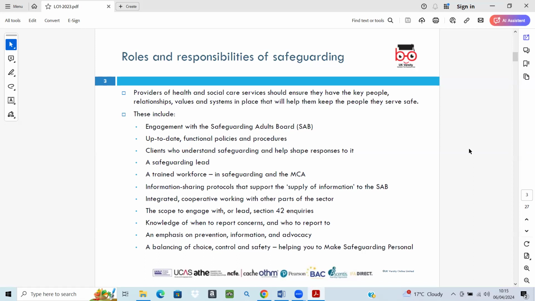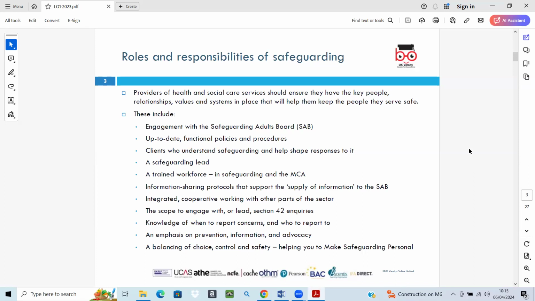That would be a big problem. It could lead to so much trouble, as the responses to safeguarding issues will potentially put clients at risk of harm. So that is very dangerous.